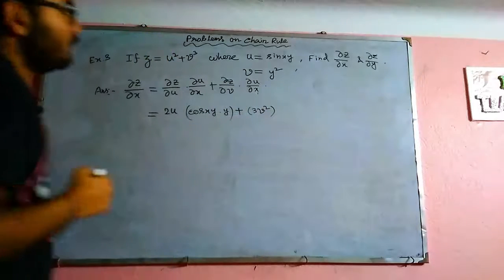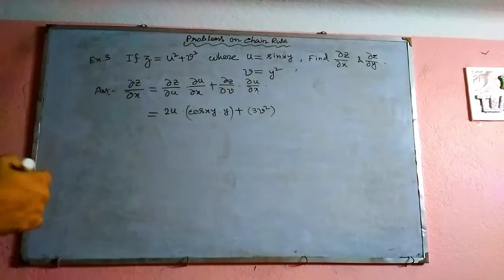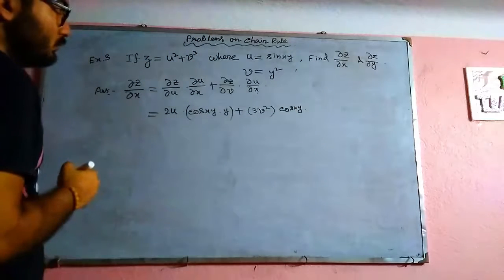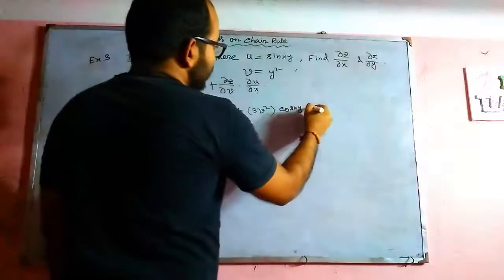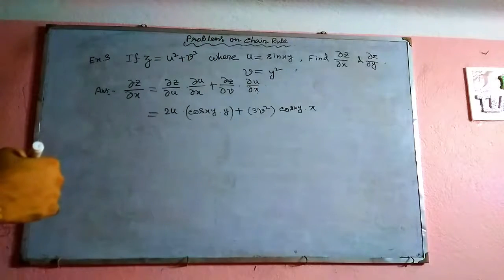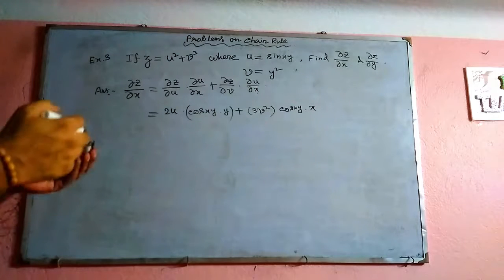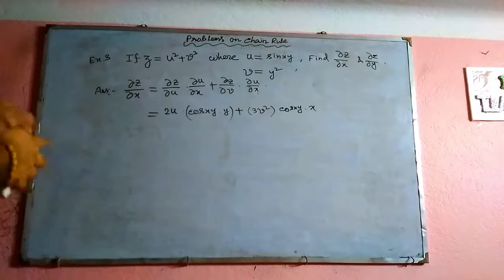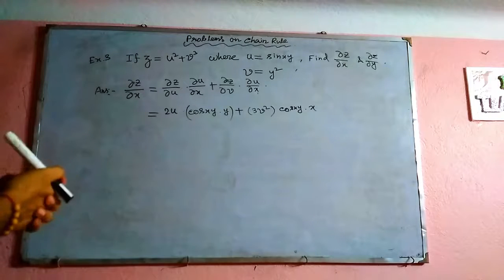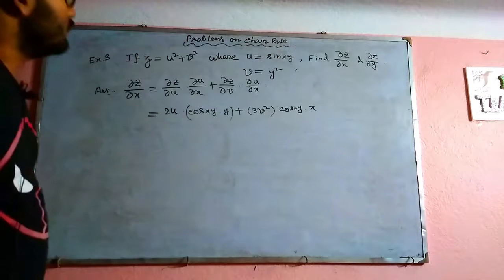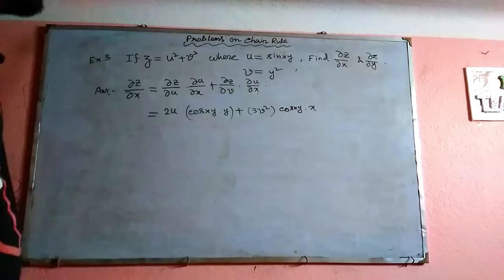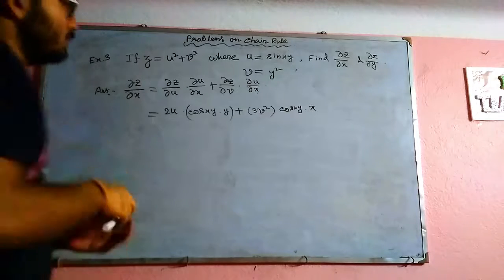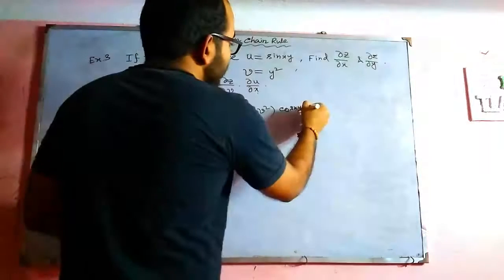And del u del x is cos xy into y. And the final one, this is y.